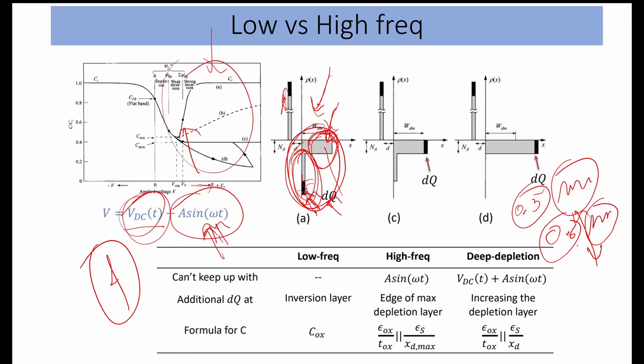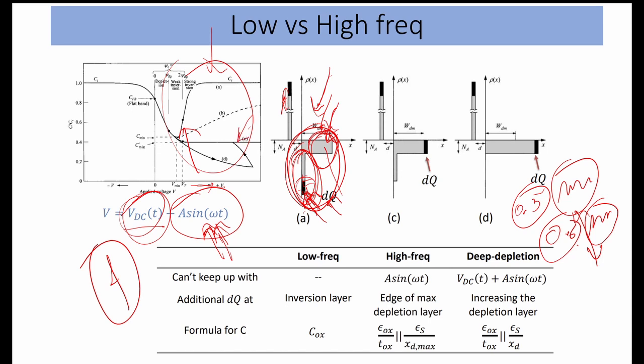If the frequency of the change in the voltage is low, the charges will be created here, because of the generation of charge carriers in the depletion region. If it is reflected at this junction, then this is the low frequency case.